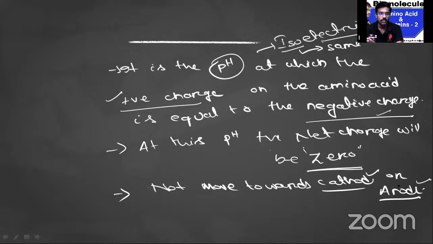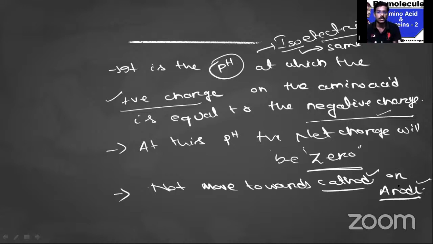You have to know the Ka value, then the pKa value, and that pKa value will give rise to the isoelectric point. I'm not discussing more about the chemistry. Just for my biology students, I am discussing these few things about the isoelectric point.